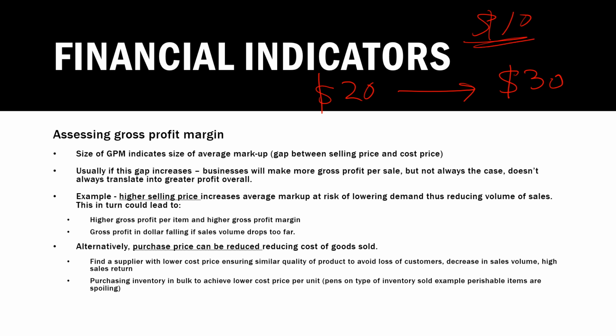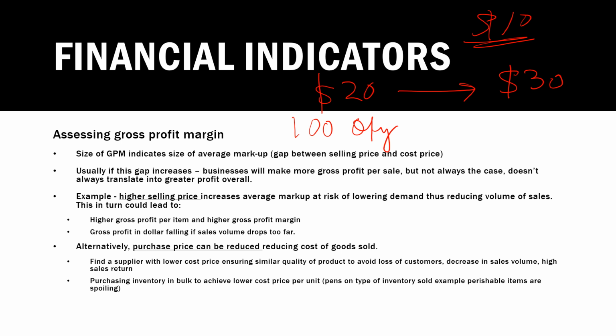But what's happened as a result is, let's say at a $20 selling price, I sold 100 quantity of this particular inventory item. Now at $30, perhaps some of the people are not able to afford this particular item from us.